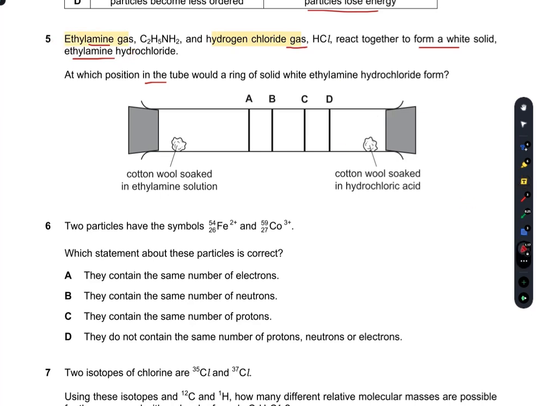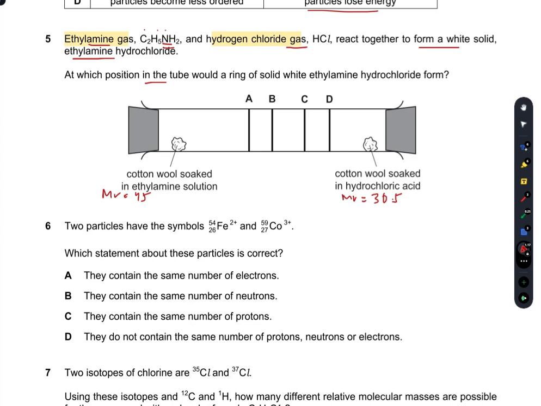Now diffusion depends upon the temperature and the Mr of the substances. Now the Mr of ethylamine is 24 and 7 hydrogen, that means 31, and 14 of this nitrogen. So Mr of ethylamine is 45, whereas Mr of HCl is 36.5.